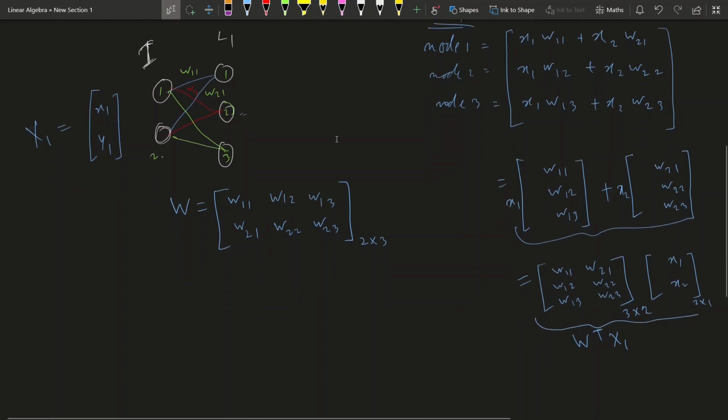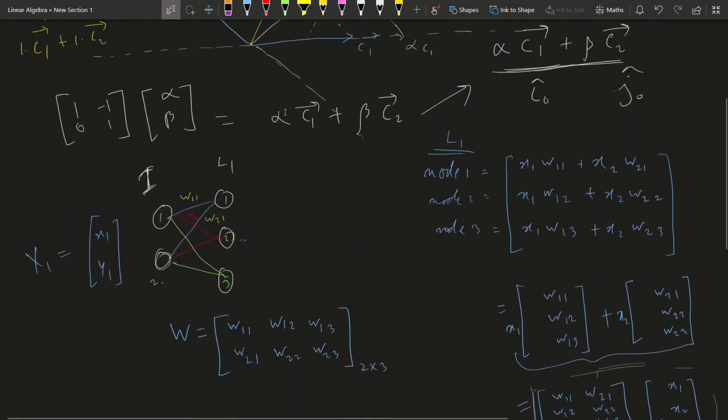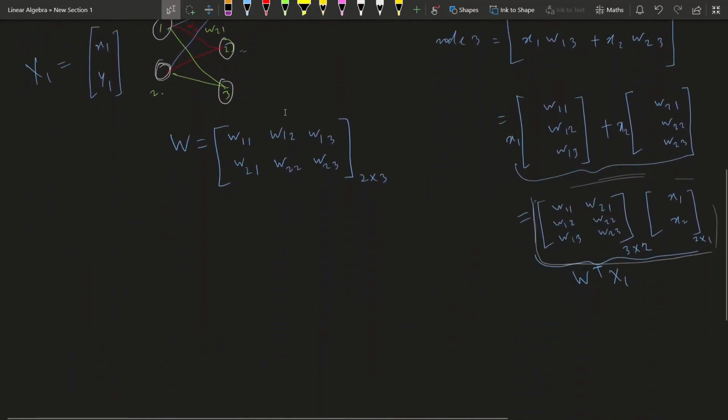Now if you look carefully at this equation, this is a matrix multiplication, right? And what we have seen from our discussion previously is that this x vector will be mapped into the column space of this matrix, which is W transpose. So here you will have the column space in R3, and in that space this vector will be mapped.